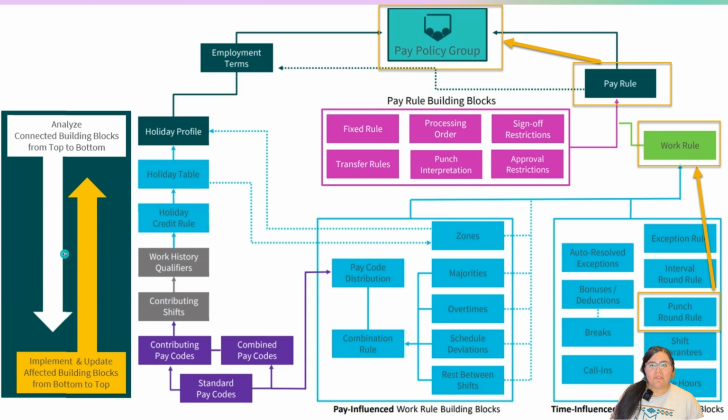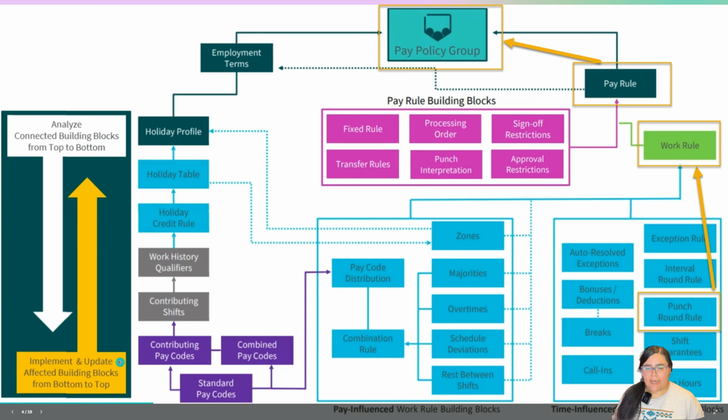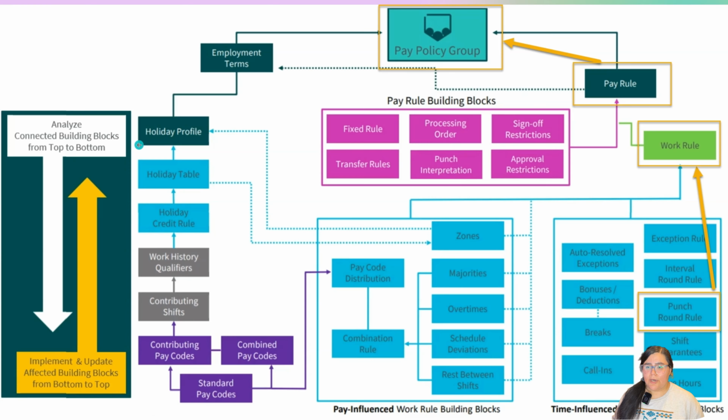Now, I'm going to show you a very scary cake. This is how UKG describes it. They describe this as a cake, and I highly recommend the trainings as they will break down how all of this relates to each other. Now, what I want to focus on is this left-hand side here. They say that you should analyze the connected building blocks from top to bottom, and then implement an update from bottom up.